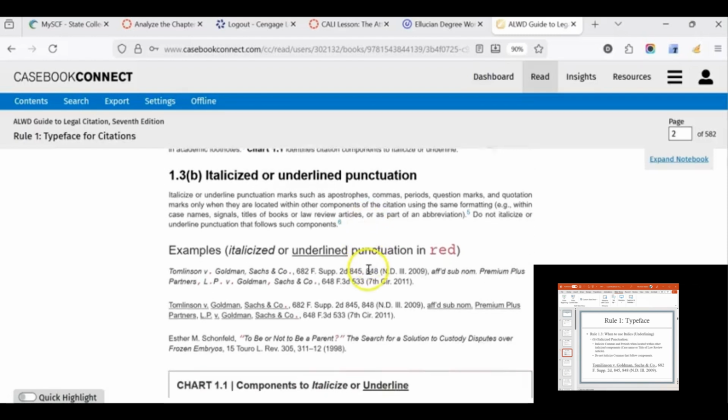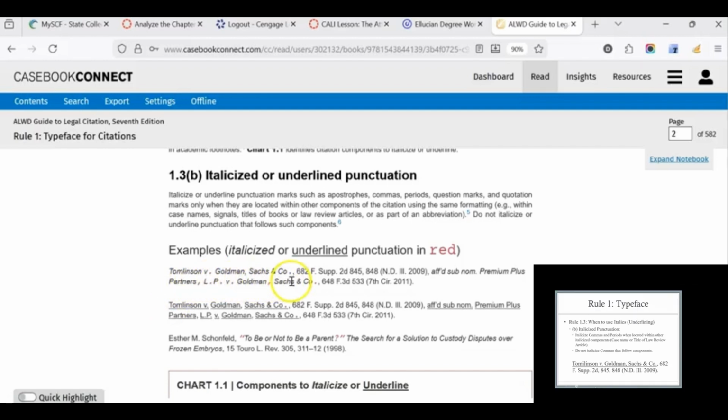All right, so look at my example here on the screen. We have Tomlinson versus Goldman, Sachs and Company. So remember how I just told you on Rule 12.1 for the case that the case name component has to be italicized? Let me make this a little bit bigger.